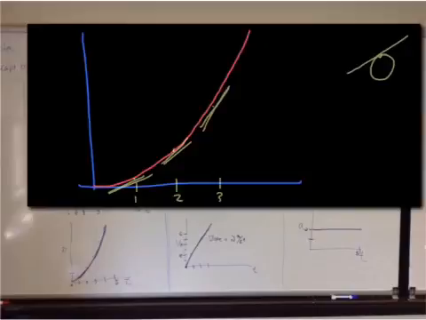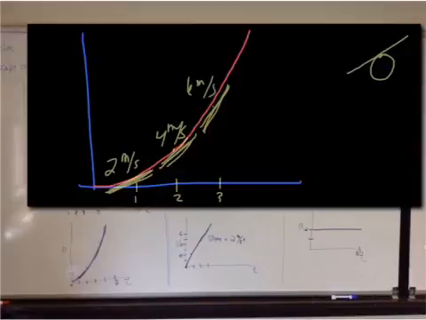So, for example, if at the 1 second mark my velocity was 2 meters per second, determined by the slope of this line, and then maybe I found the slope of this line, and it was 4 meters per second. The next line was 6 meters per second, and so on and so on.